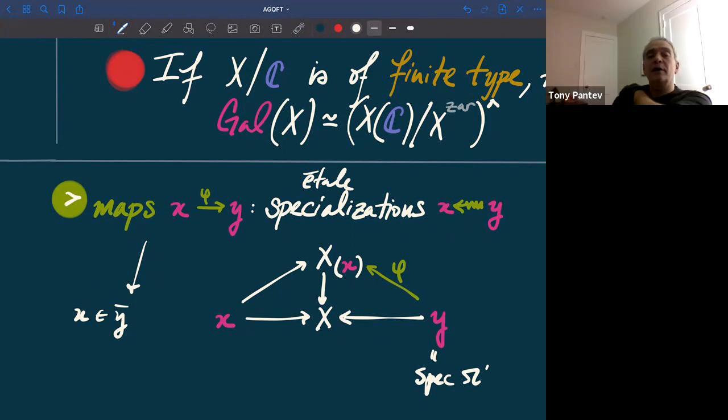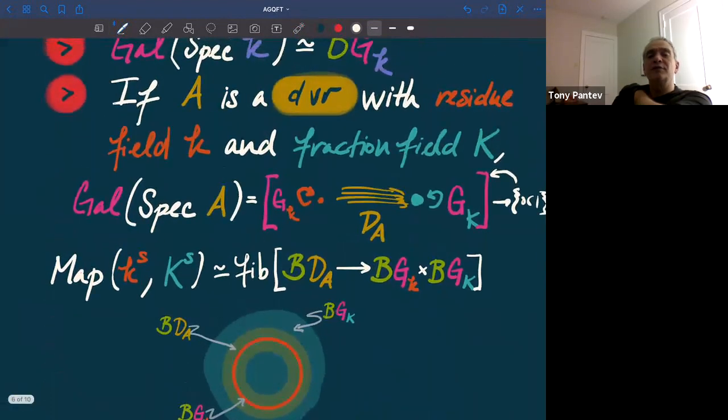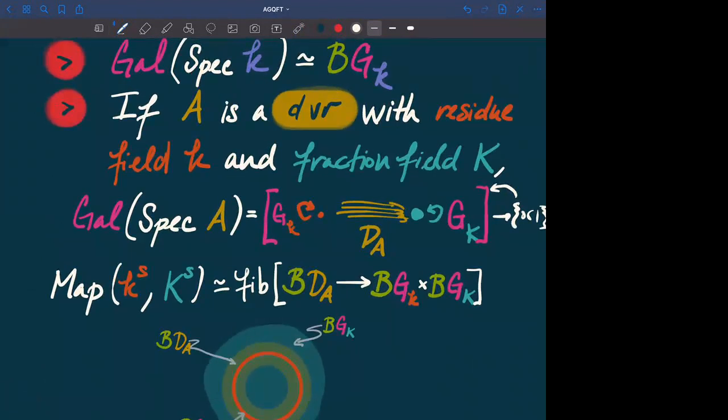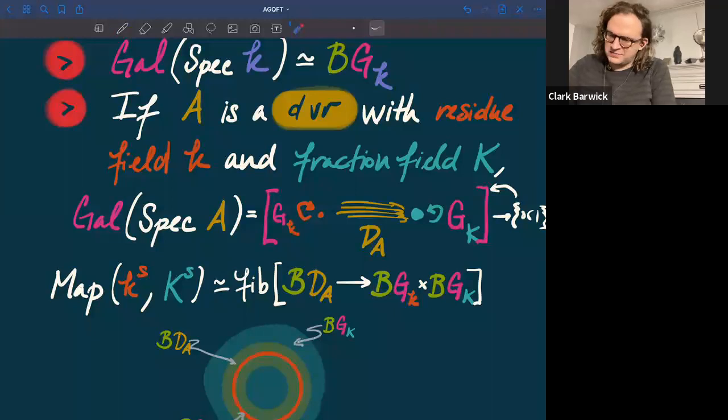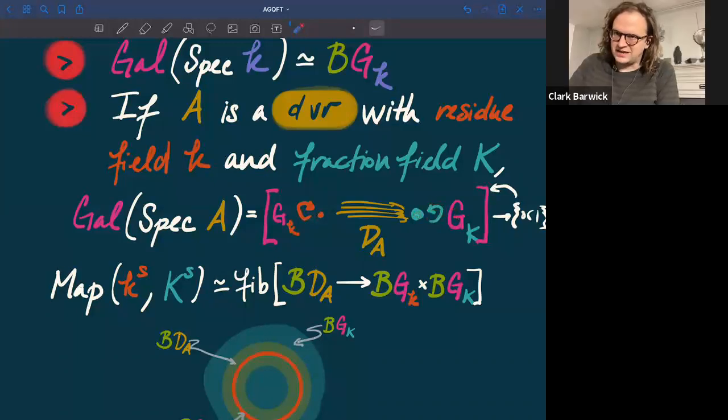So in your diagram on the top where you're describing the category, you should have B's everywhere, right? You should have BGK for the... Well, I guess it depends on your attitude about what I've marked here. So here, the set of endomorphisms of this object is exactly GK. And here, the set of endomorphisms of this really is GK. And here, I think I said something a little quickly before, and I might have ended up misspeaking.